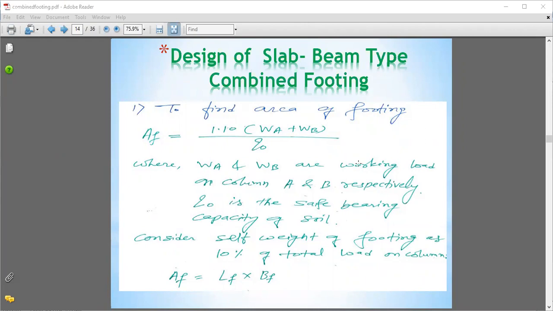So all of you write down this first step number 1, to calculate the area of the footing. Write down design of combined footing.